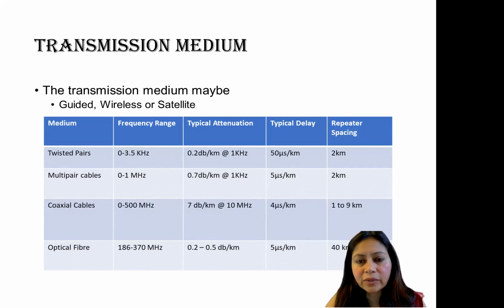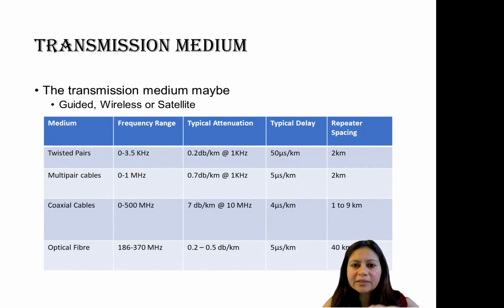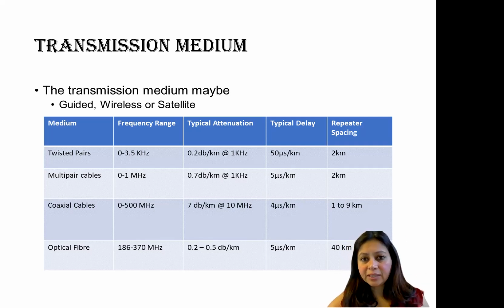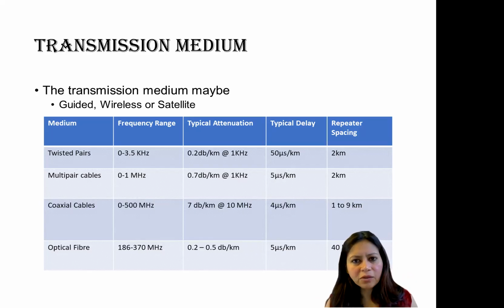If you're subscribing to AT&T or T-Mobile, that traveling of the data from your cell phone to the nearest cell tower, that hop is wireless. Your cell phone has the ability to detect where the nearest cell tower is. The cell tower is almost like a router that you have at home for your Wi-Fi. That hop is wireless.